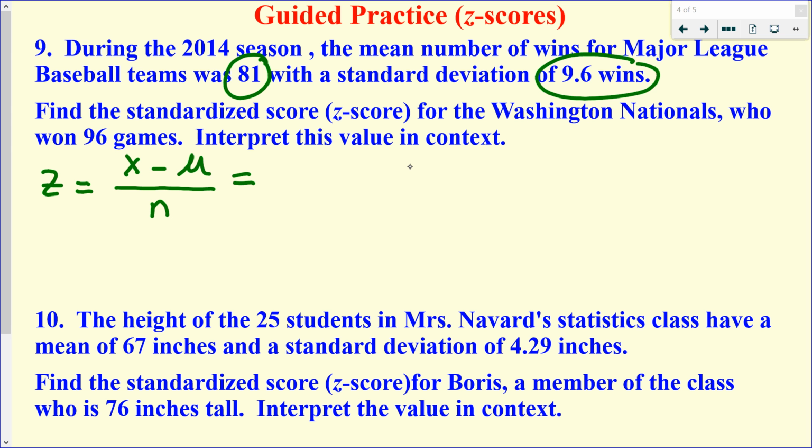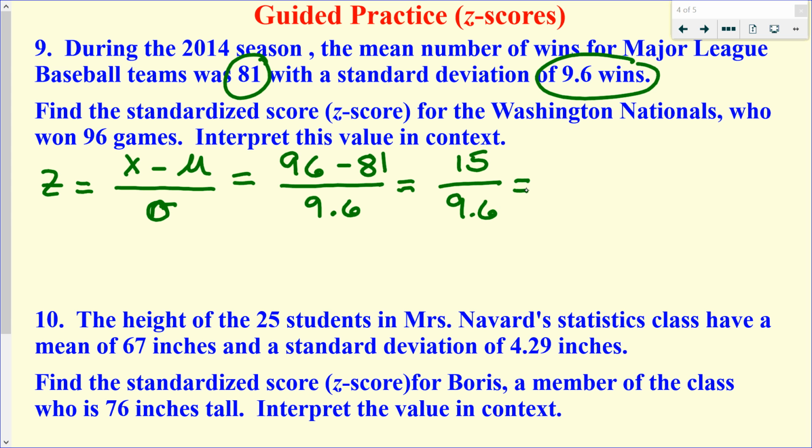X is 96, mu is 81, and the standard deviation is 9.6. So 96 minus 81 is 15, divided by 9.6. And so the Washington Nationals are going to have a Z-score of 1.